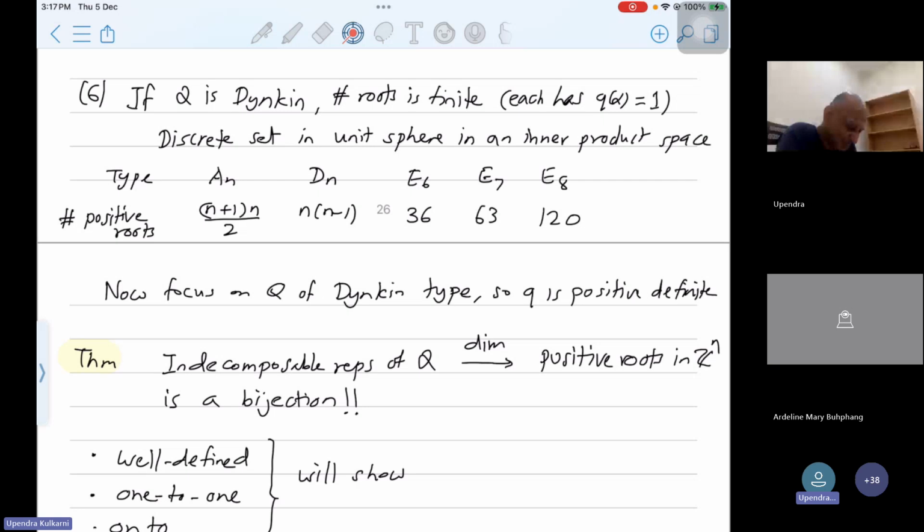You know, I should really not say unit sphere. I was avoiding this issue, but let's do this in a sphere. If Q alpha is equal to 1, what is actually the length of the vector? So how do I define the length of a vector in an inner product space? It's the square root of v dot v, right? So if Q alpha is equal to 1, what is the bilinear form of alpha with itself?